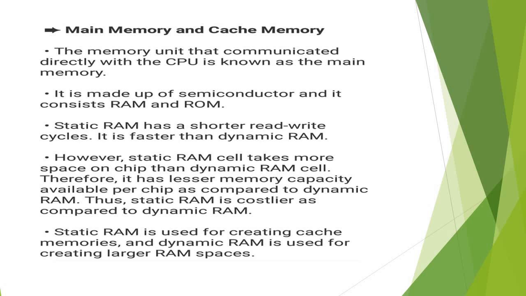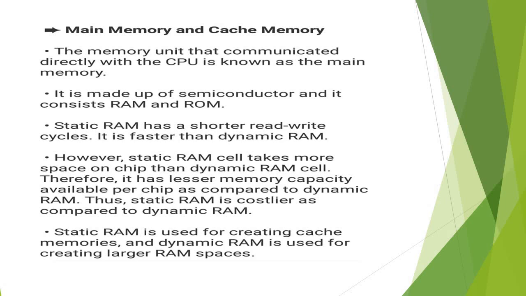Now, main memory and cache memory. The memory unit that communicates directly with the CPU is known as main memory. It is made up of semiconductor. It consists of RAM and ROM. Static RAM has shorter read-write cycles. It is faster than dynamic RAM. However, the static RAM cell takes more space on chip than the dynamic RAM cell.